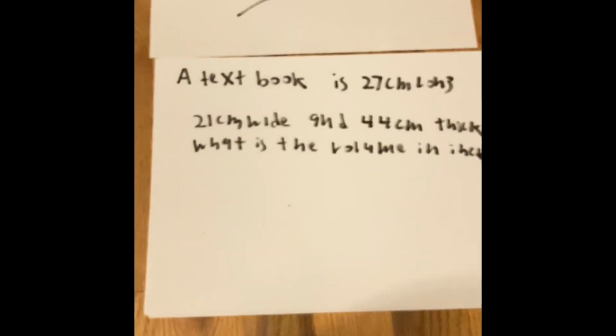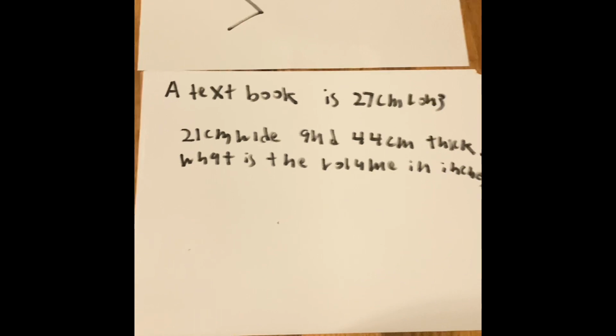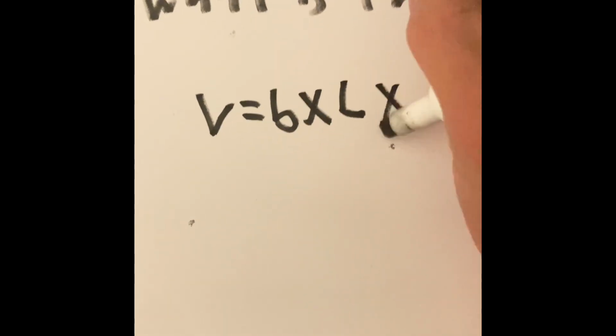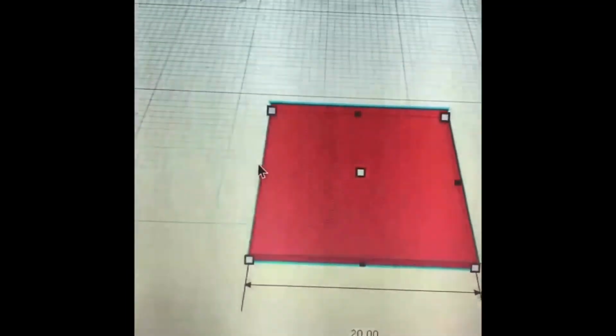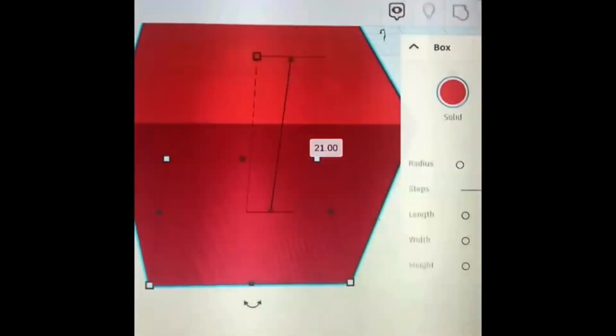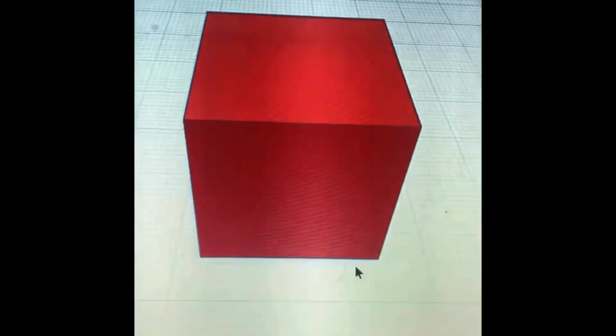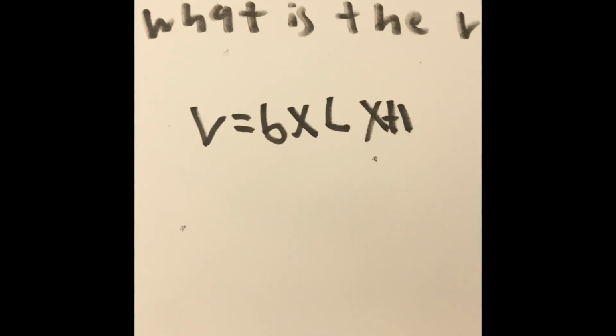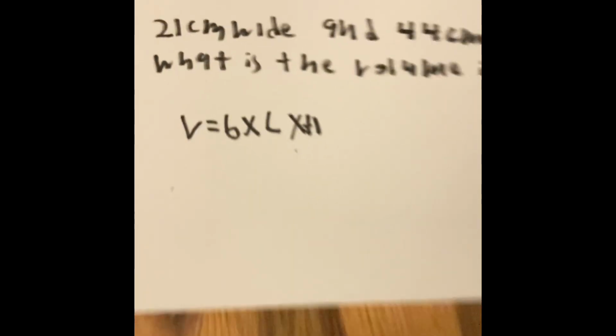We already know that the volume of a 3D object is the base times the length times the height. So that is a visual of the volume: base times length times height.